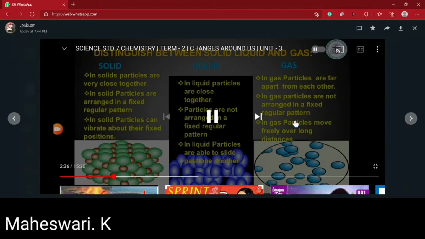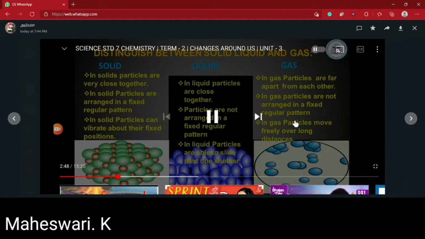So in solid, particles can vibrate about their fixed position. In liquid, particles are able to slide over one another. In gas, particles move freely over a long distance.